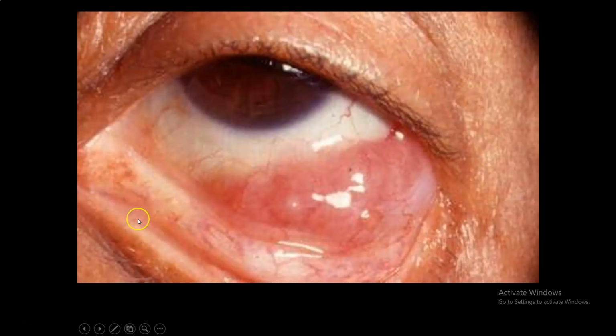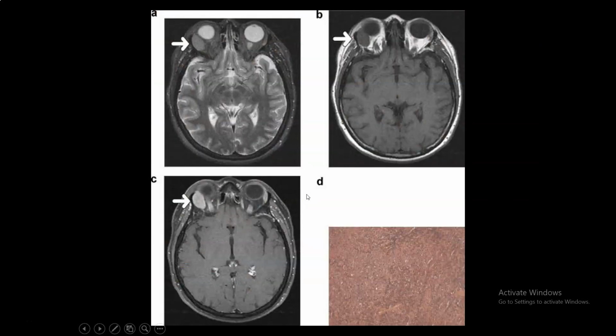They say lymphoma is more common in adults, in the second or third decade of life, and it involves mainly the inferior fornix, and it appears under the conjunctiva sometimes, giving the salmon pink appearance.